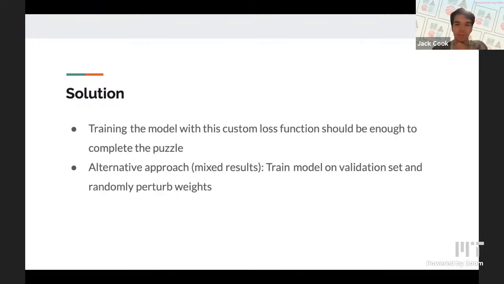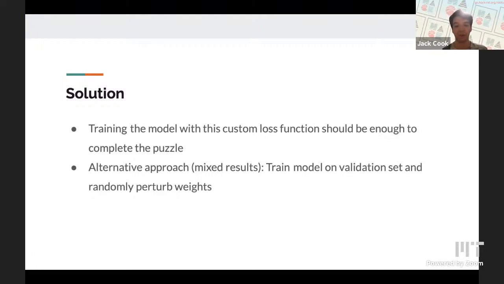We also had some puzzlers who came up with an alternative approach, which is totally valid for the scope of this puzzle. Usually you're going to train your machine learning model on a training set and then evaluate it on a held out evaluation or validation set. And this is so that your model doesn't overfit. But because we told you that we're only evaluating the model on the validation set, one other solution to this puzzle would be to train it on the validation set and force the model to completely overfit.